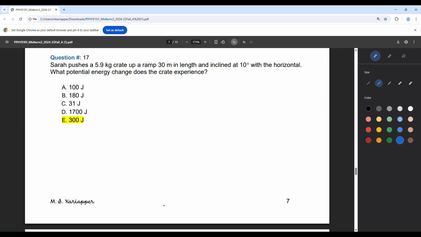Sarah pushes a 5.9 kilogram crate up a ramp 30 meter in length and inclined at 10 degrees with the horizontal. What potential energy change does the crate experience? So now, after we introduce the potential energy, we are now ready to apply our work energy equation, which is modified for the system, which in the most general form you can write like this.